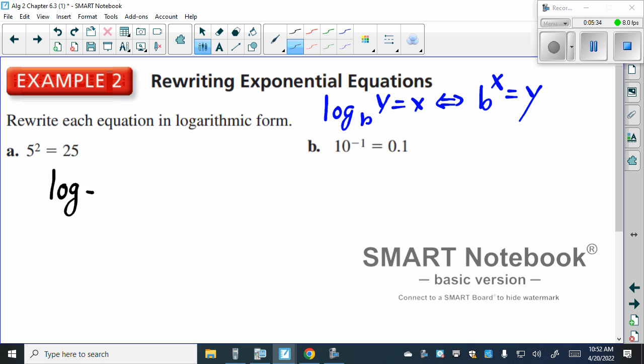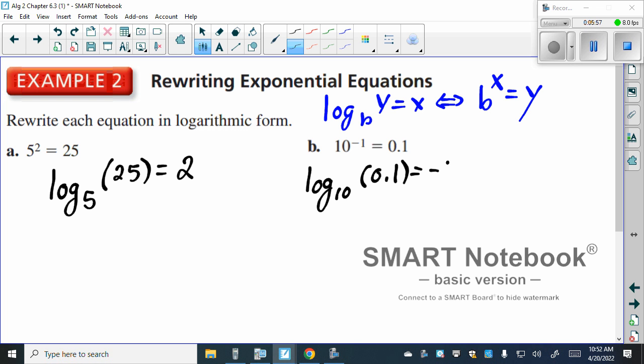Log base 5 of 25 is equal to 2. Next, log base 10 of 0.1 is equal to -1.